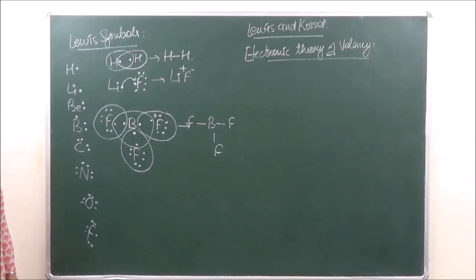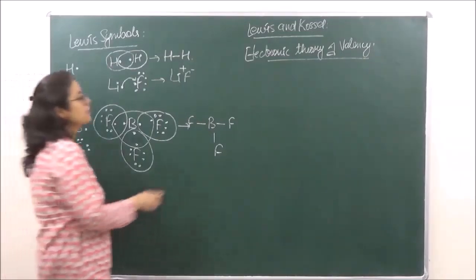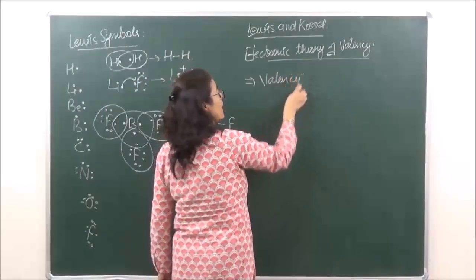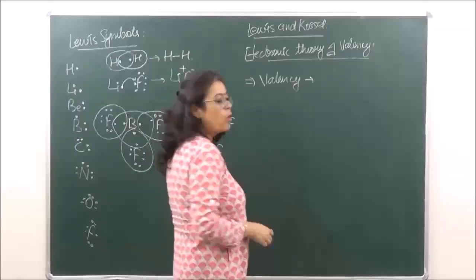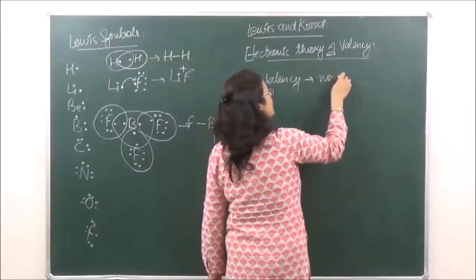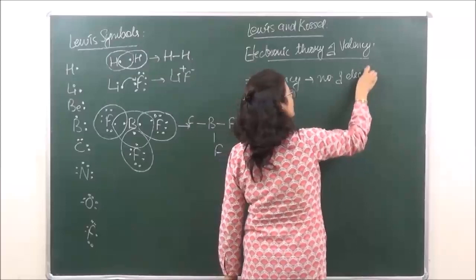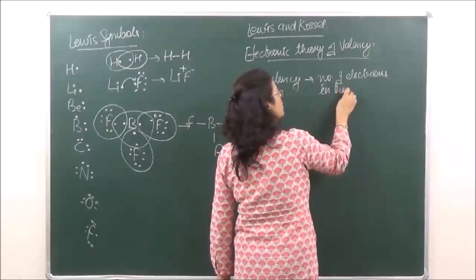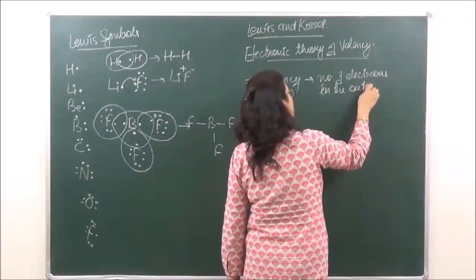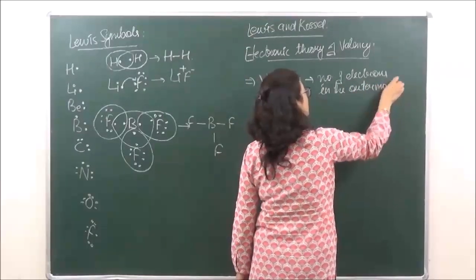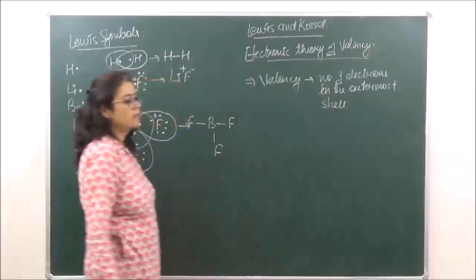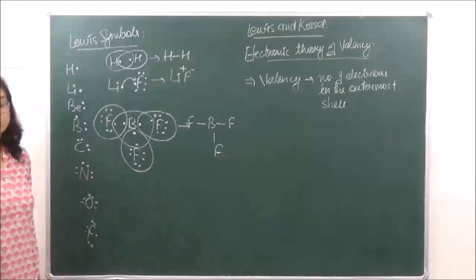Number 1, you can write down: valency of an atom depends upon the number of electrons in the outermost shell.